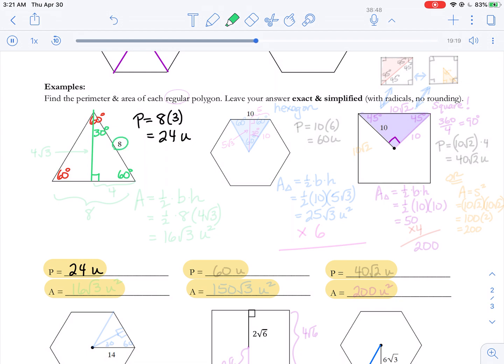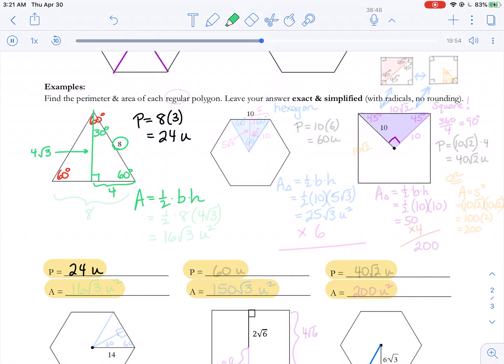All right, so this is the hypotenuse. What will the short leg be? 4. And then the long leg will be 4 radical 3. Now, when we go to do that, what's the area formula for a triangle? 1/2 times base times height. What are you going to use for your base? 8.